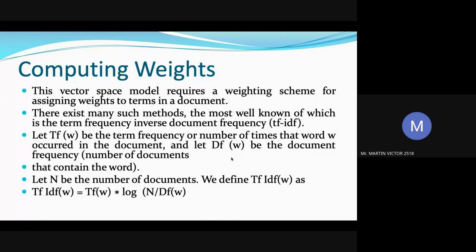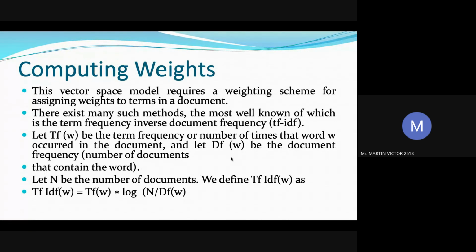Then how do we compute a weight for a document? Now there is a concept called TF-IDF, which is term frequency inverse document frequency. Now this is again to find the words that are frequently repeated. The term frequency is the number of times that a word occurred in the document.